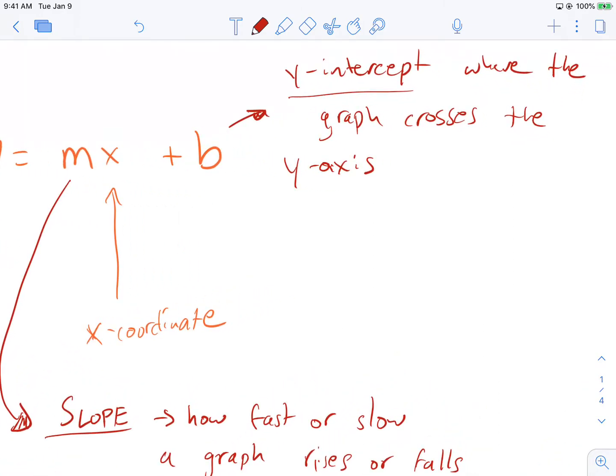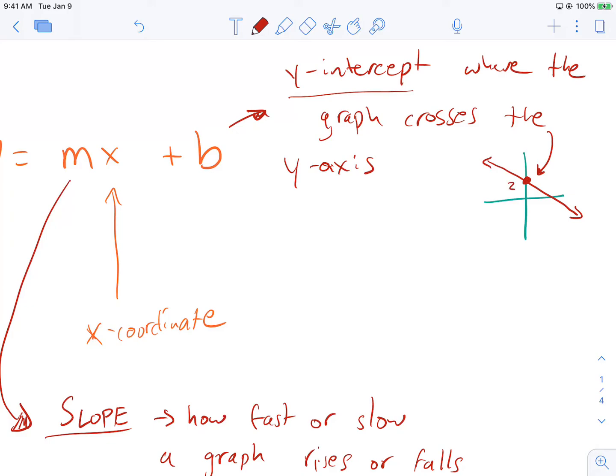So what that might look like is if I have this graph here, and then I have this line, the y-intercept is this value here. It's where it crosses the y-axis.